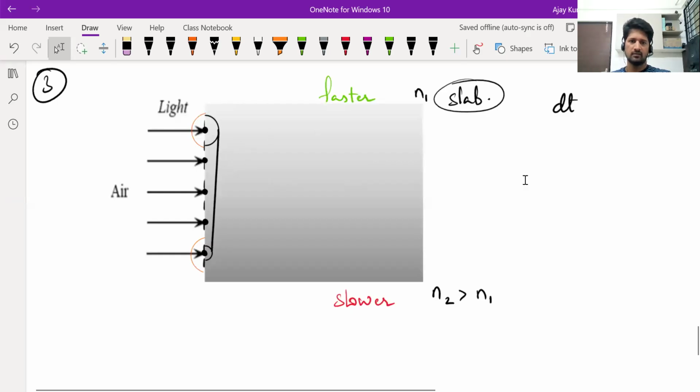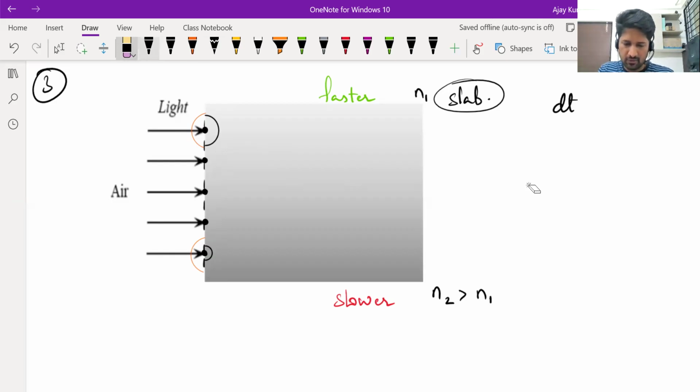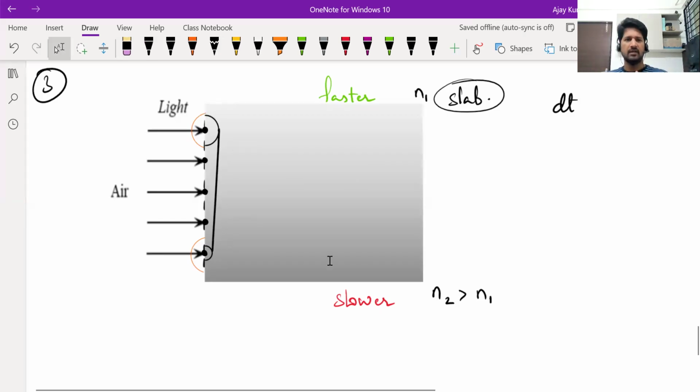Rishi, did you understand? Yes, I understood. So the beam which was traveling horizontally, and its wavefront was vertical, it now bends like this. The wavefront tilts a little bit, therefore the light also bends. Okay, so immediately after entering into the glass slab, it bends by a small angle.